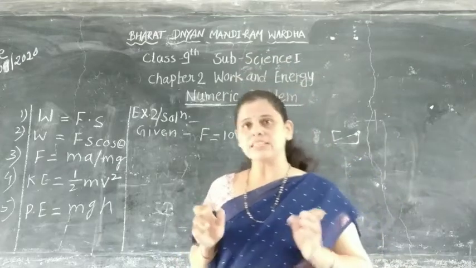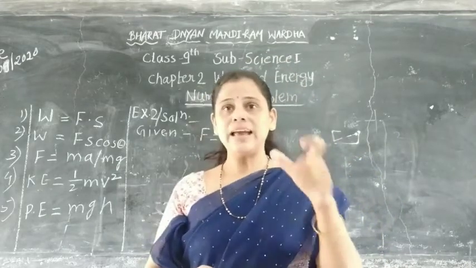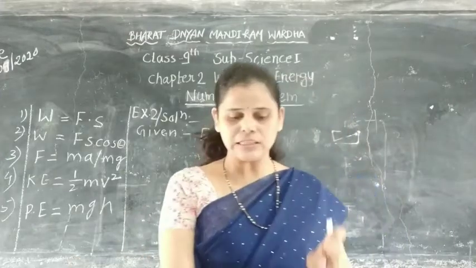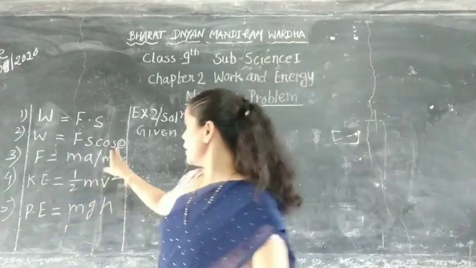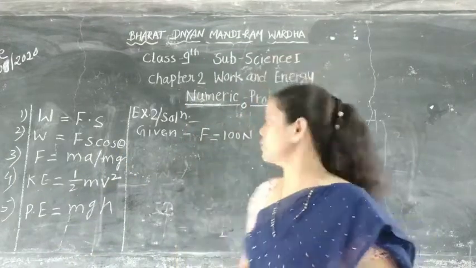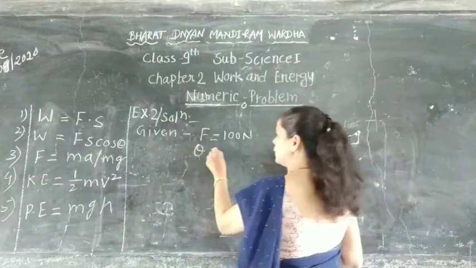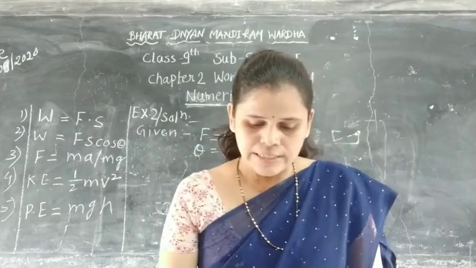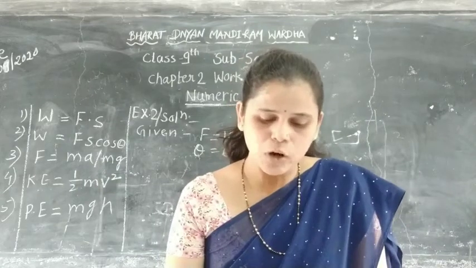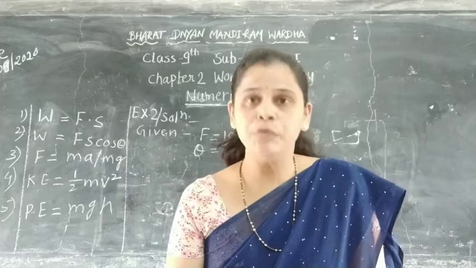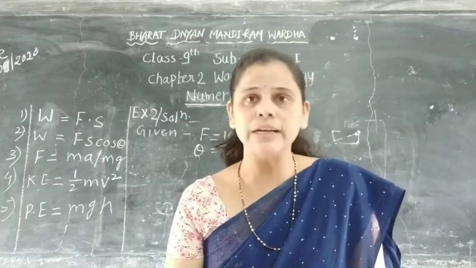In the first example, the angle theta is not given, but in this example the angle is given, and angle is denoted by theta. So theta equals 60 degrees. Write down here theta equals 60 degree. The object gets displaced in the horizontal direction and 400 joule work is done.